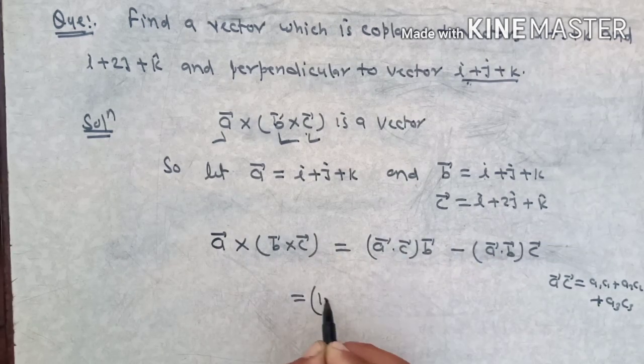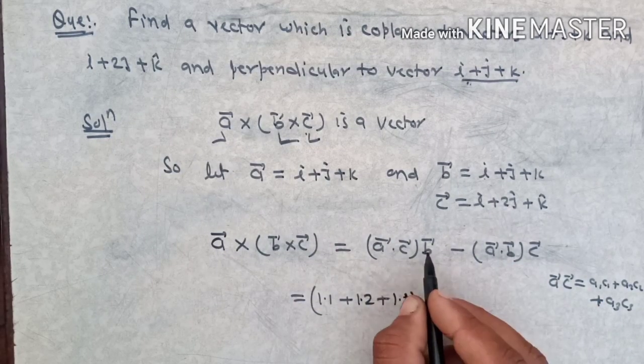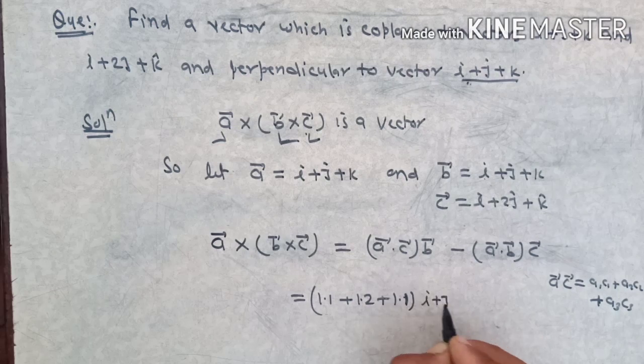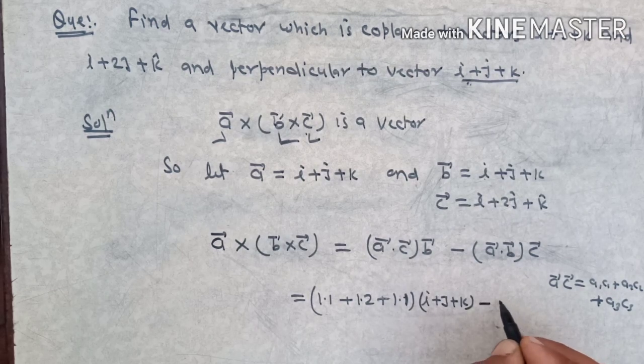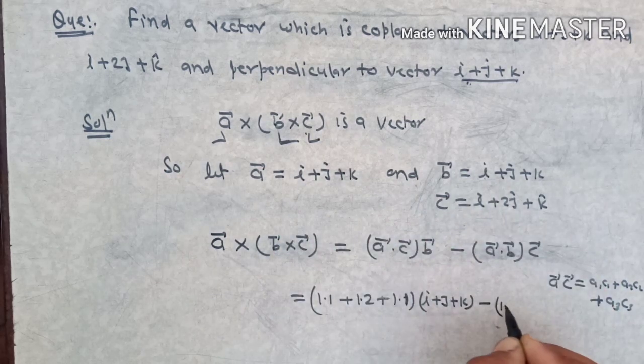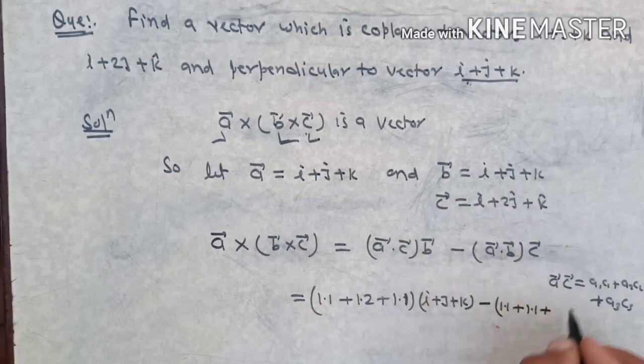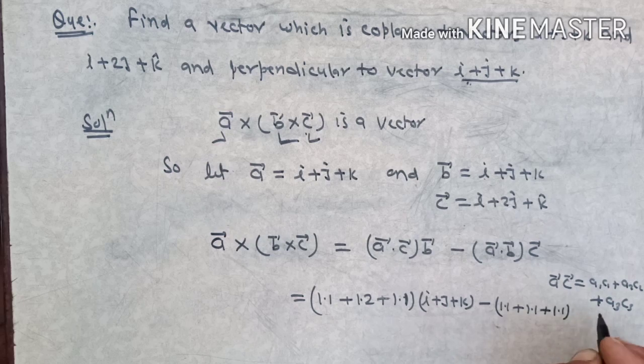A dot C is 1 into 1 plus 1 into 2 plus 1 into 1, times vector B which is i plus j plus k, minus A dot B, vector A dot vector B, which is 1 into 1 plus 1 into 1 plus 1 into 1, times vector C which is i plus 2j plus k.